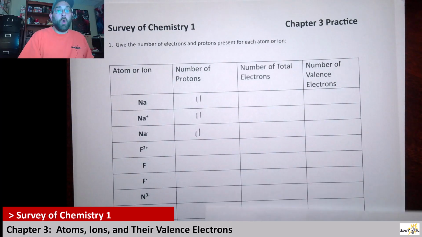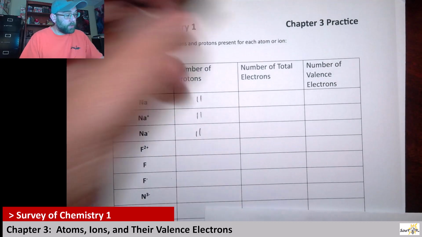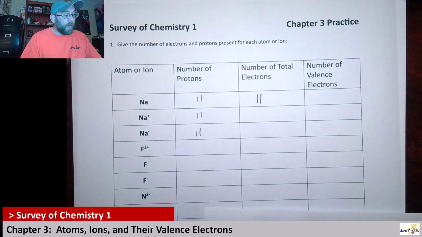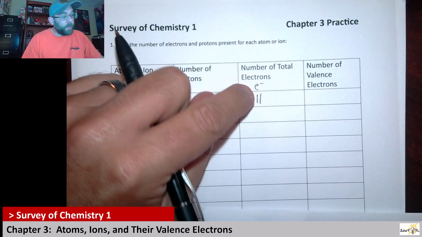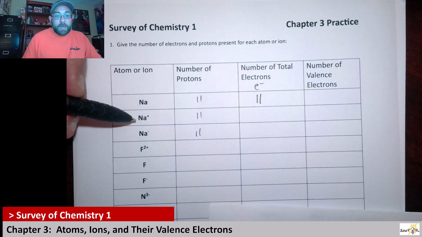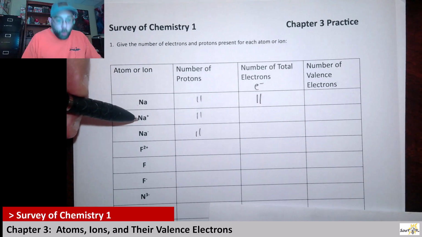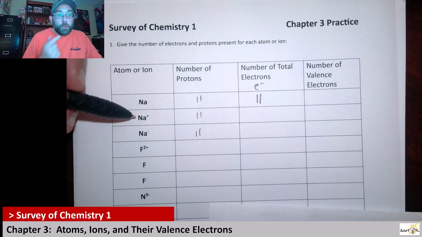Alright, so what happens? When it's neutral, we have an equal number of electrons and protons. So here it is 11. Now remember, electrons are typically denoted as e minus. So if sodium gets a positive charge, it either gained or lost an electron. Well, what would make sodium more positive? Losing an electron.